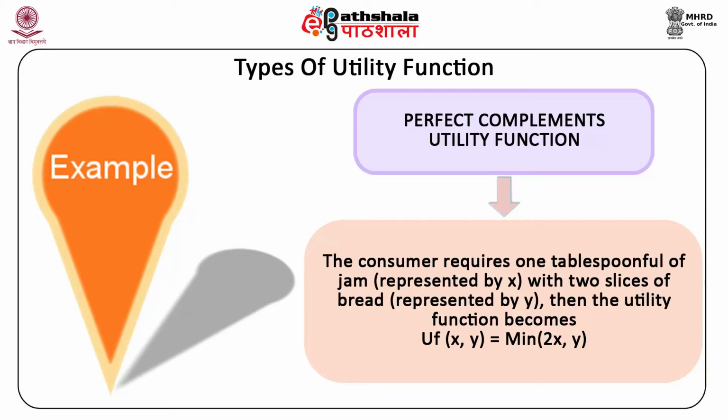Only if both are doubled or increased proportionately would utility increase. This shows the fixed proportional relationship between the two goods that must occur when the choices are made with respect to goods that are perfect complements.